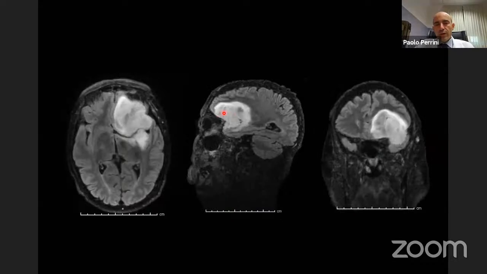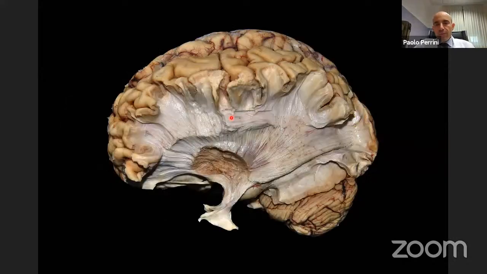But the problem is mainly when the insular tumor grows anteriorly to the anterior commissure, because it grows in the anterior perforate region, in the ventral striatum area.